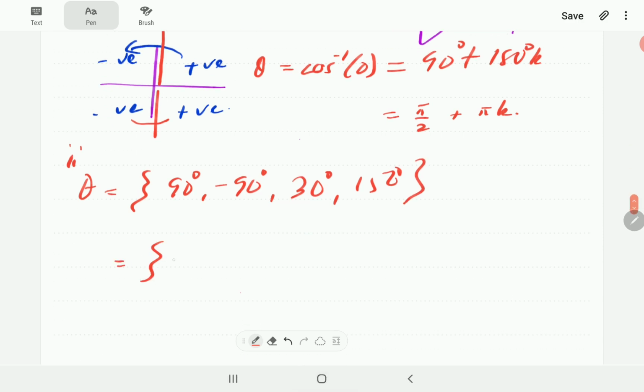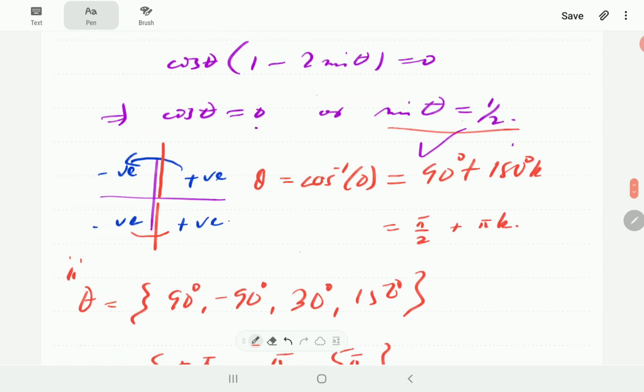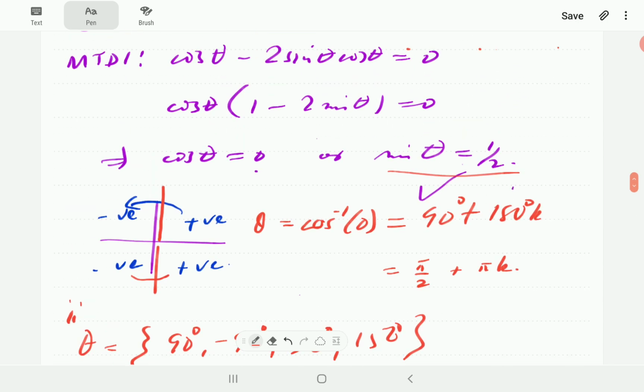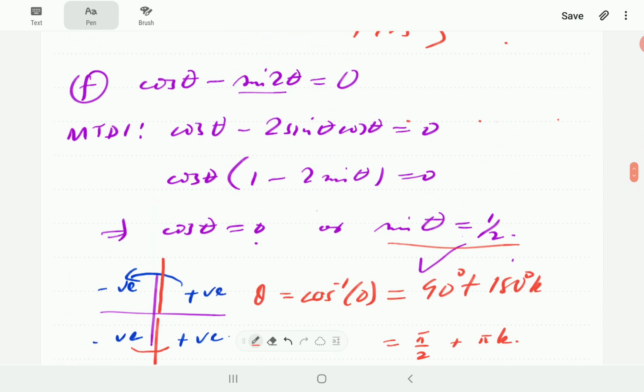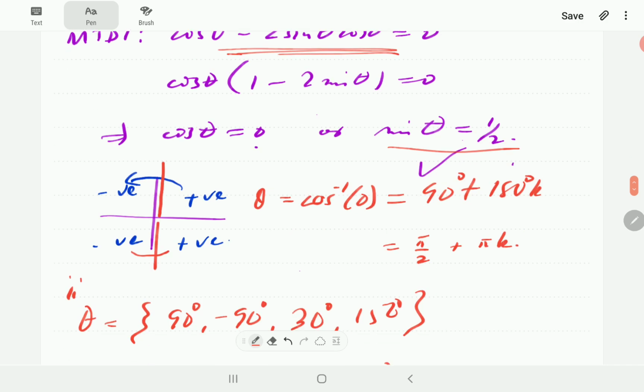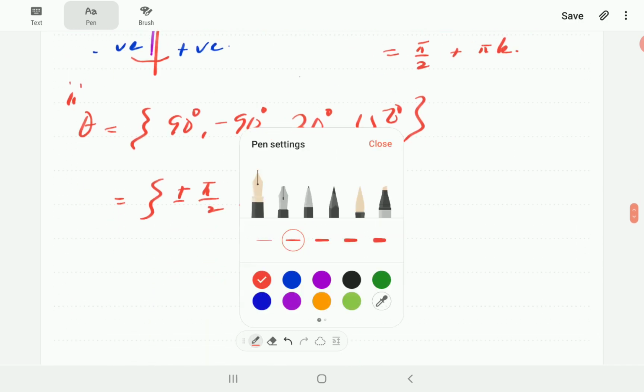So in radians it is going to be plus or minus pi on 2, pi on 6 here, and then pi on 6 there. So again, we've got 4 solutions because this is actually a quadratic in sine and cosine. All right, so that's FG.